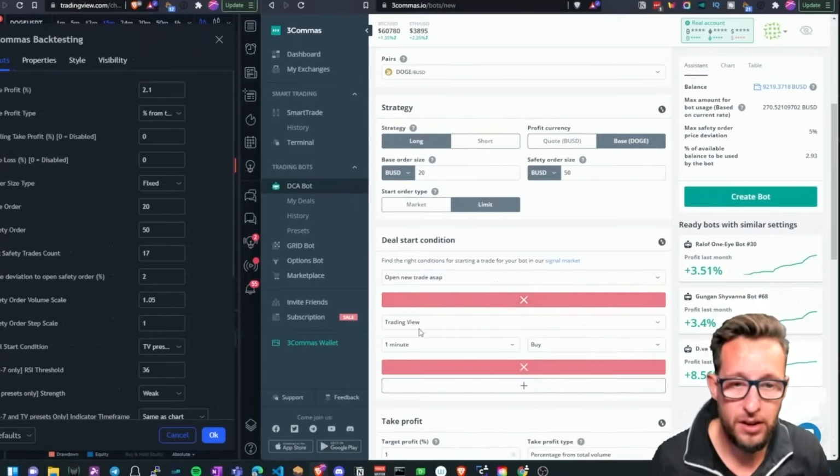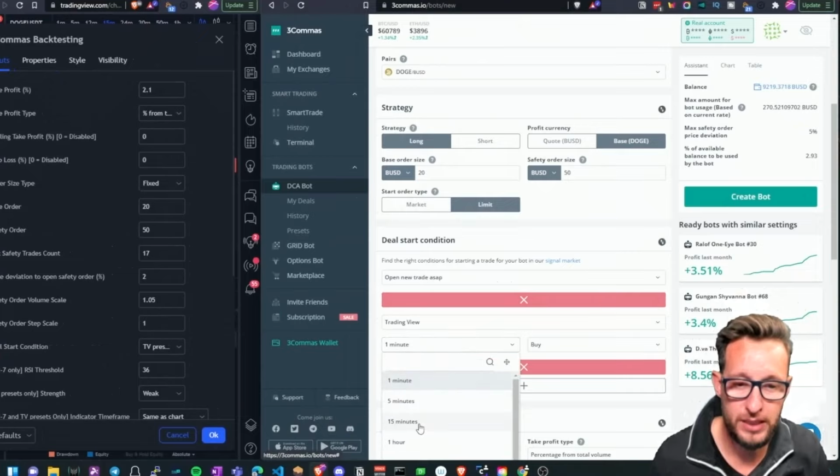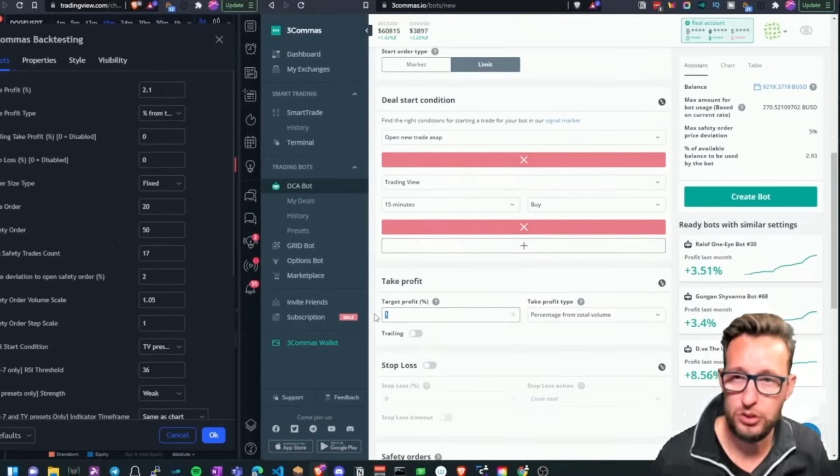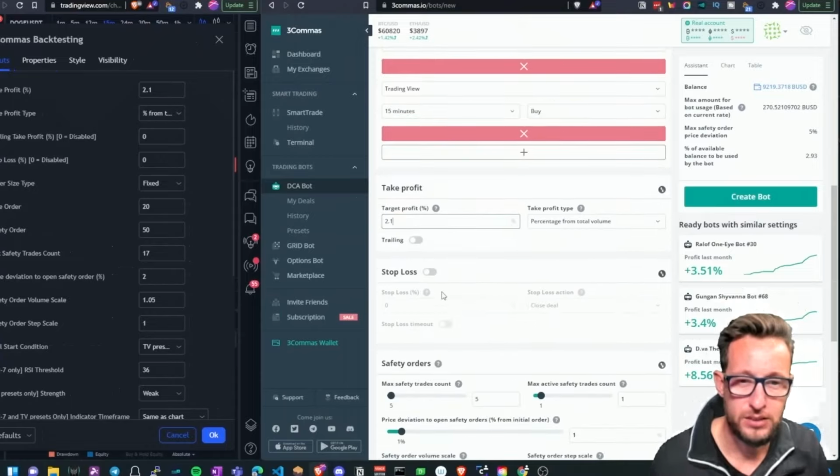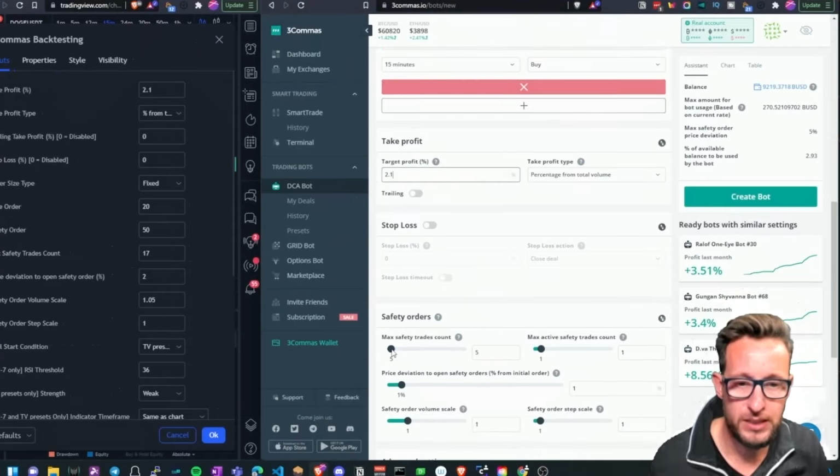We're going to add here our TradingView on 15 minutes and a buy, but not a strong buy. We're going to have 2.1% profit as our limit. No stop loss. Maximum trades is going to be 16. I'll put it on 17 just in case.